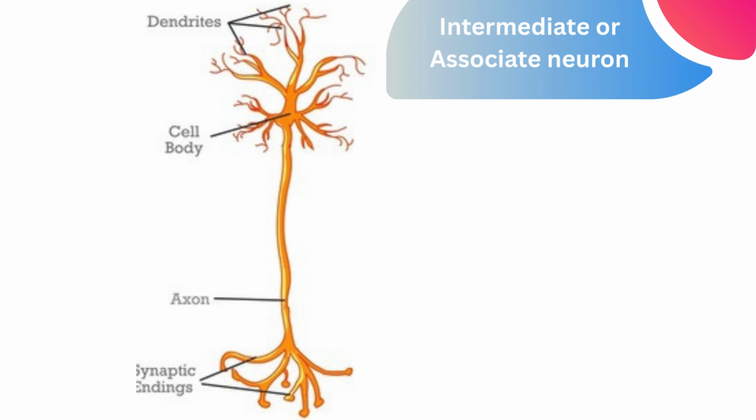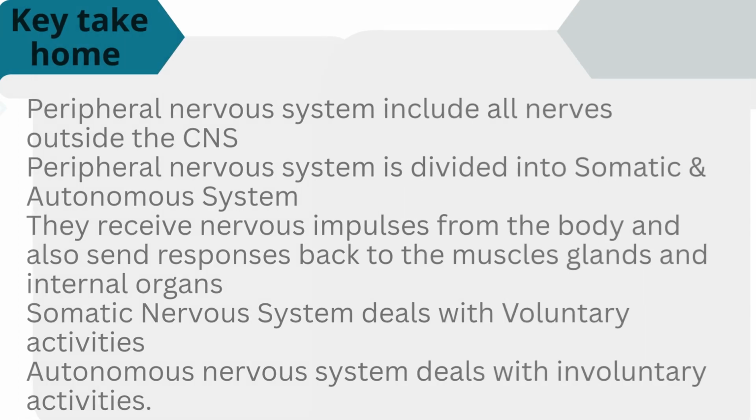Essentially, they process information and relay signals within the central nervous system, facilitating complex reflexes and behavior. They act as a bridge between sensory and motor neurons, transmitting signals and coordinating responses.